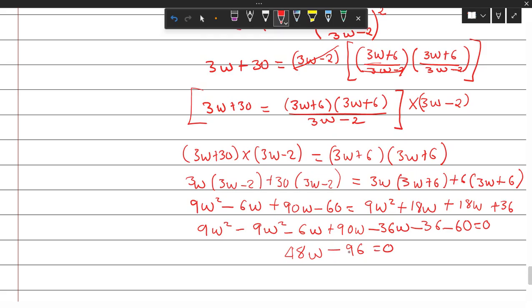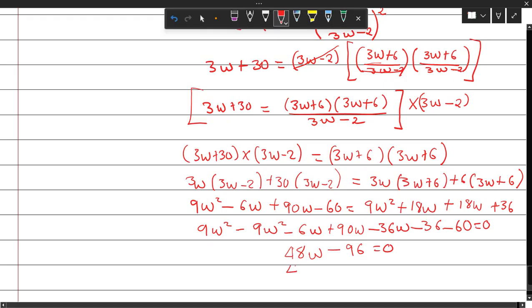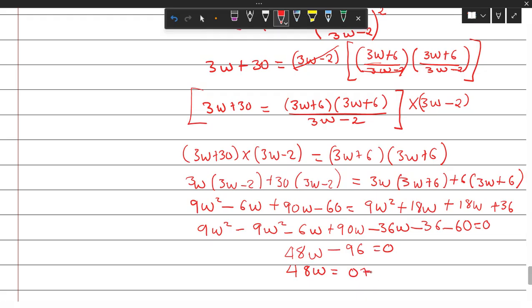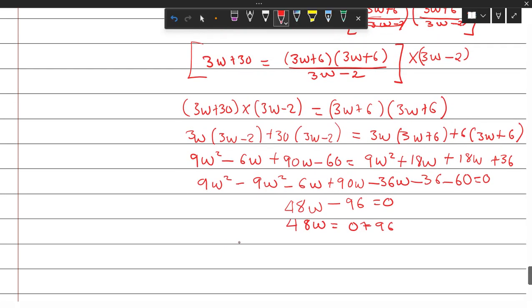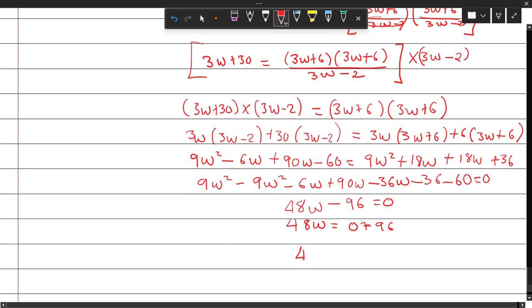So how do we solve this? You take it this side, since it's not adding anything. 0 is a number, 96 and 0, they take them to one side of the equation. So we say 0 plus 96. Okay, so to further simplify, 48w equals to 96.